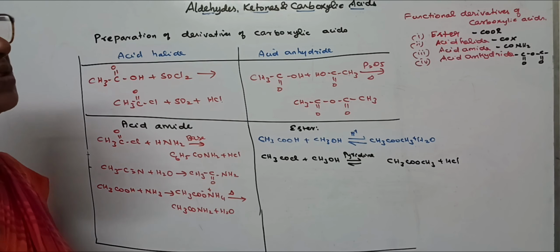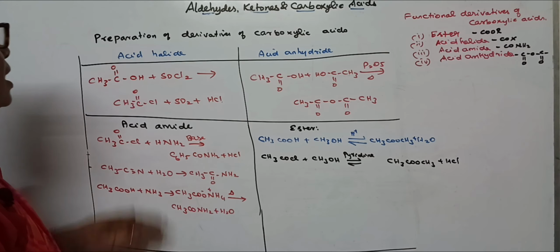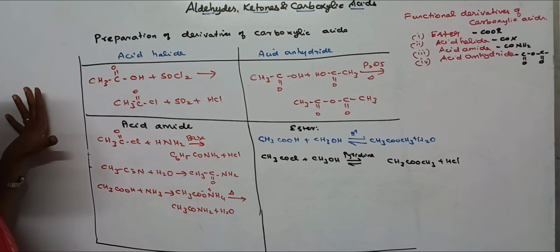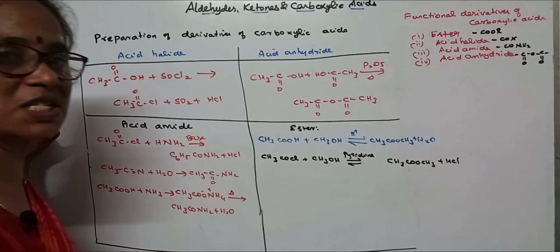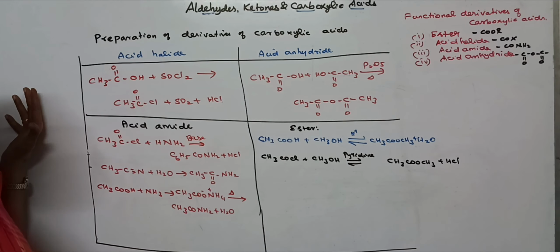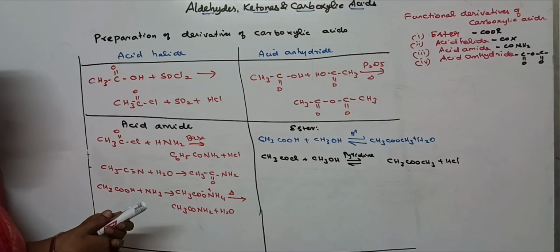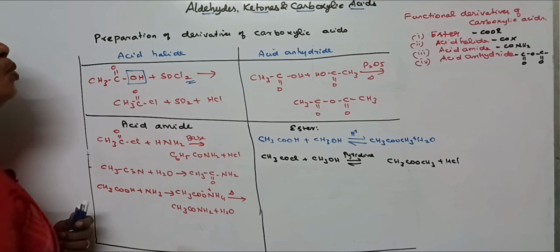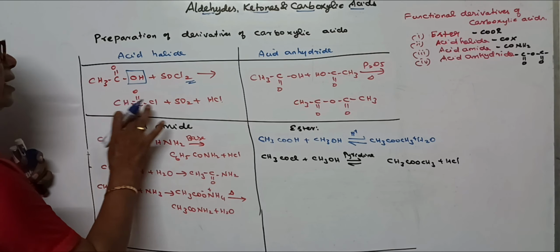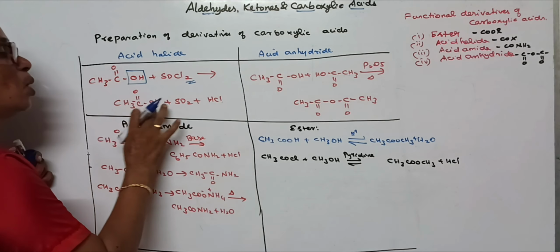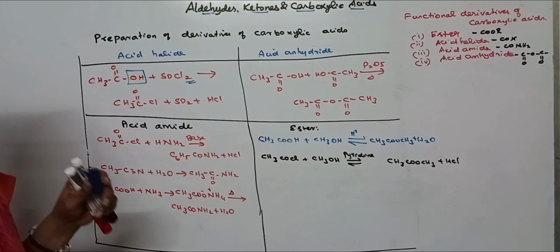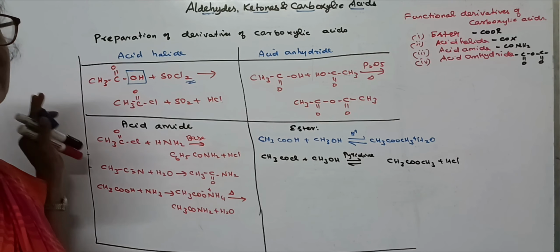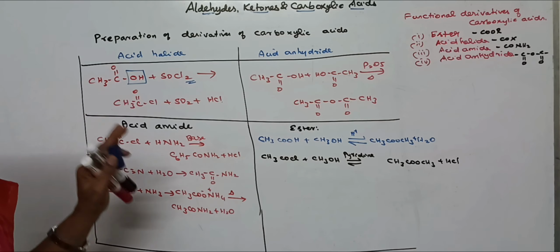Preparation of derivatives of carboxylic acid. Acid halide can be prepared from carboxylic acid either by treating with phosphorus halides or thionyl chloride. Here thionyl chloride is taken, so the OH group is substituted by a halogen atom. We get acetyl chloride, sulfur dioxide and HCl. Moreover, all these reactions we have already discussed under the chemical properties of carboxylic acid.